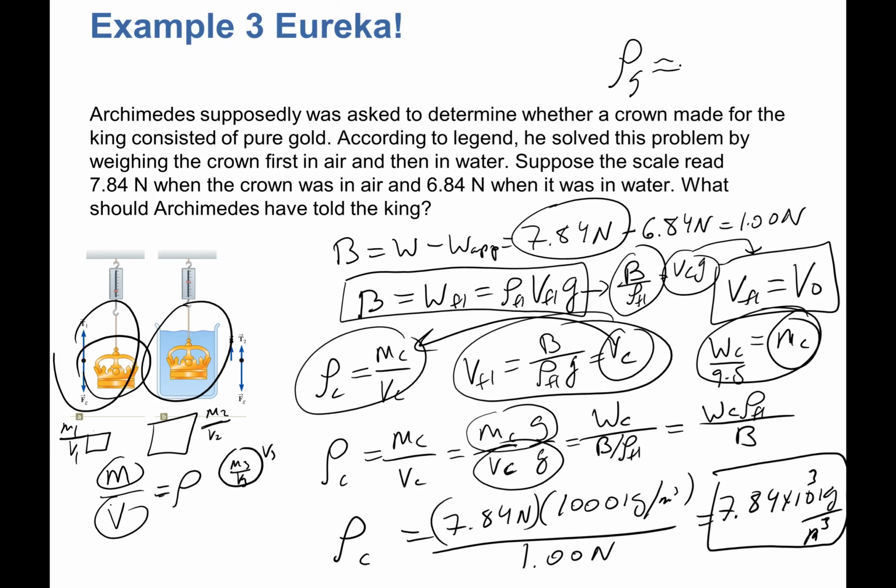Yeah, it's 19,300 kilograms per cubic meter. I mean, it's not even close, right? It's 19,000 compared to, let's say, 8,000. So most of the gold was stolen and replaced with a cheaper, less dense material, which is hard to notice. But mathematically, you should be able to easily calculate that.